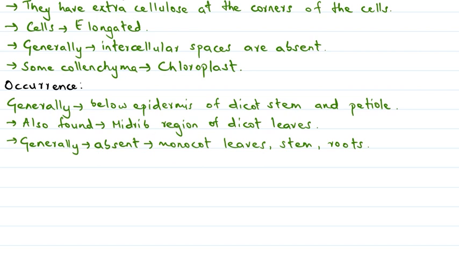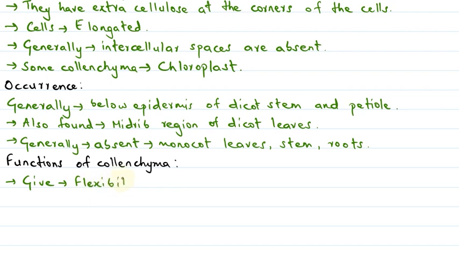Now that we have studied about the occurrence of collenchyma tissue, let's talk about their functions. The functions of collenchyma tissue. Okay, so the main functions of collenchymatous tissues are that they give flexibility.